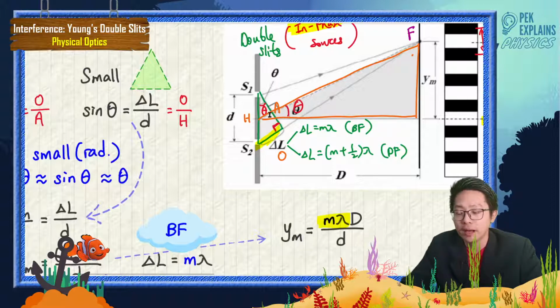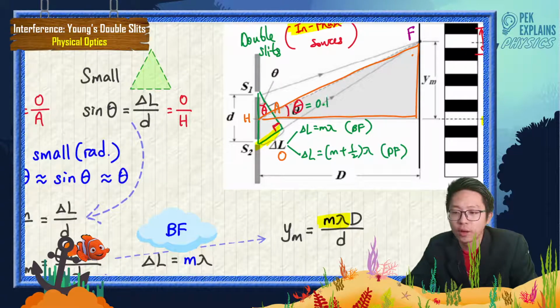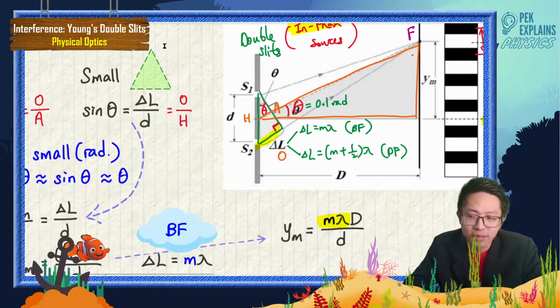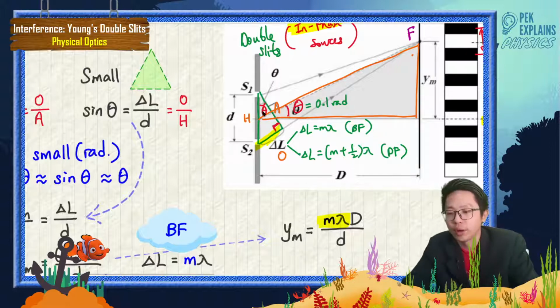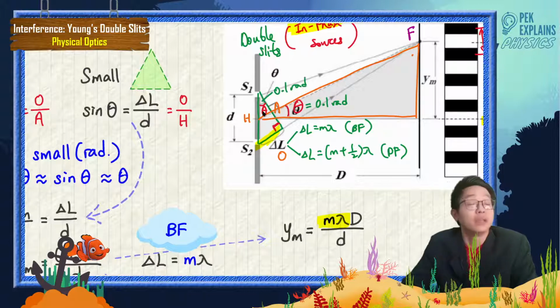That means if, let's say, this theta for the big triangle is 0.1 radian, this theta is also 0.1 radian. They are equal angles.